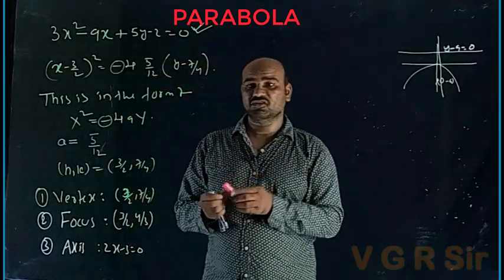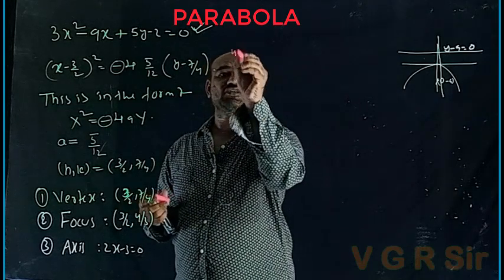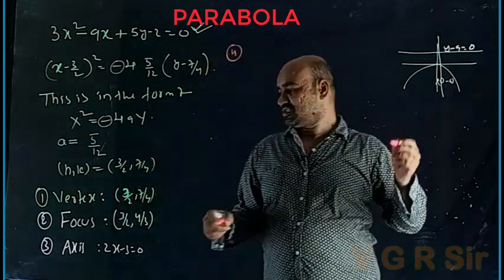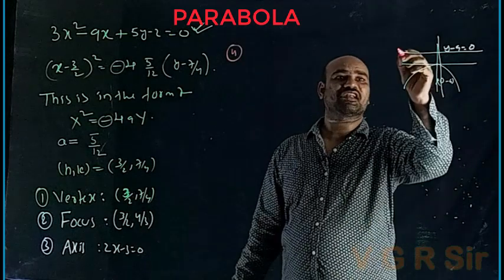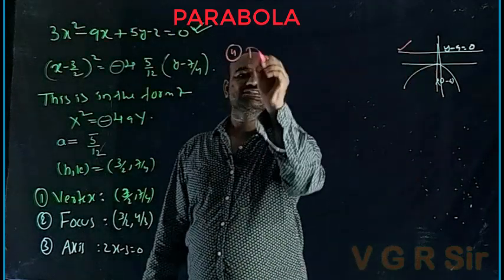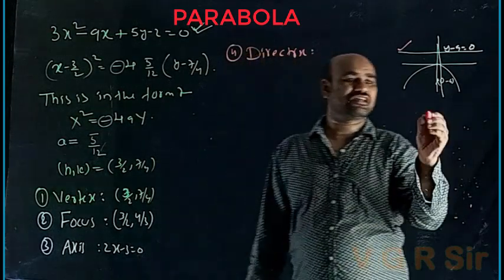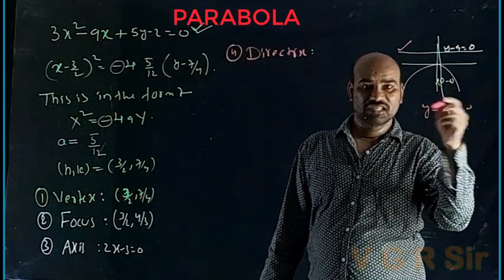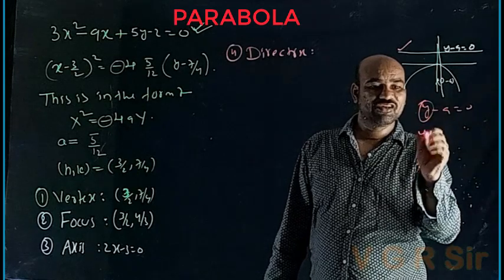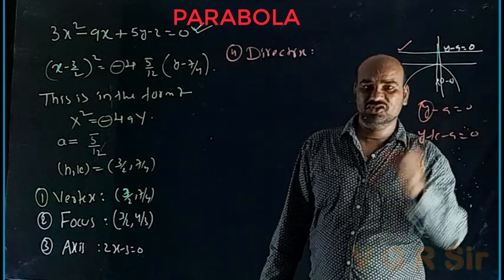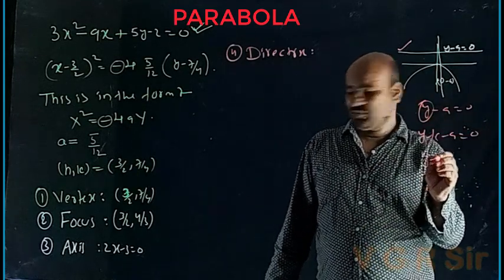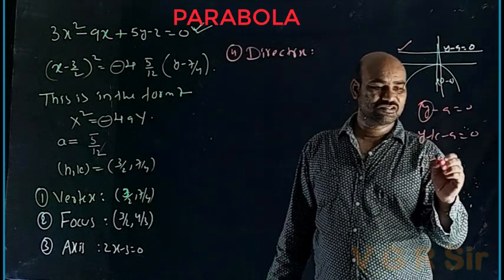Okay students, now the fourth one. Focus is completed, vertex is completed, now I want the directrix. What is the old directrix? y minus a equal to 0 is the equation of the line. Instead of y, what should we write? y minus k minus a equal to 0. What is k here? 7 by 4.